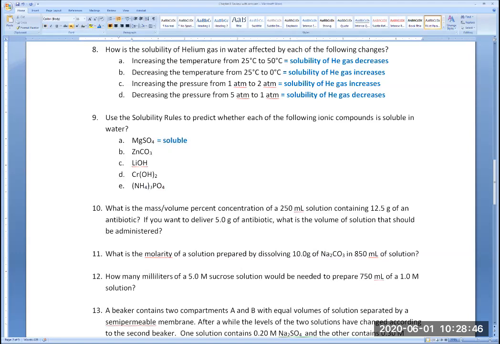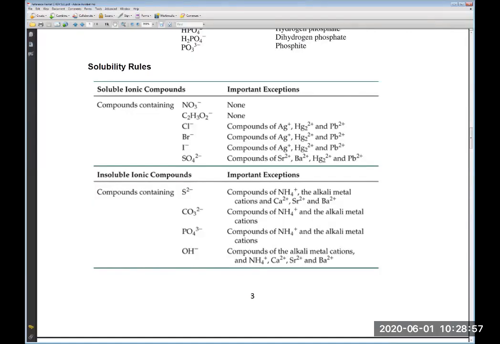Okay, let's look at ZnCO3, zinc carbonate. Let's look at the table again. Yes, the carbonate is among the insoluble compounds, and the exceptions are ammonium, NH4+, and the alkali metals.